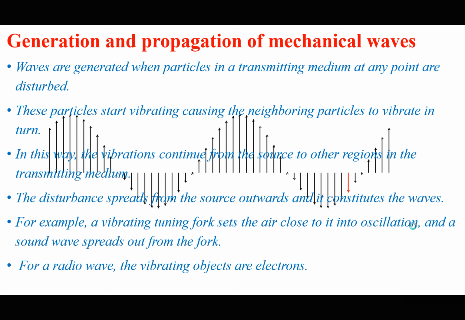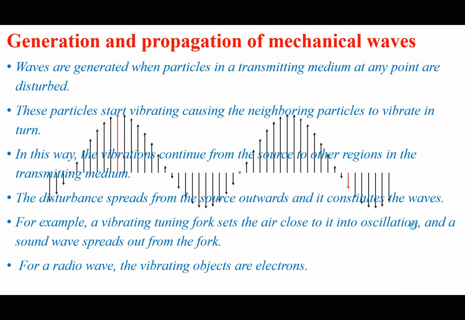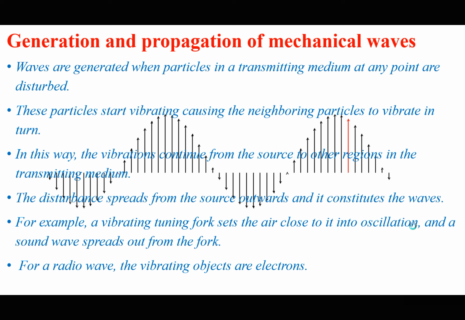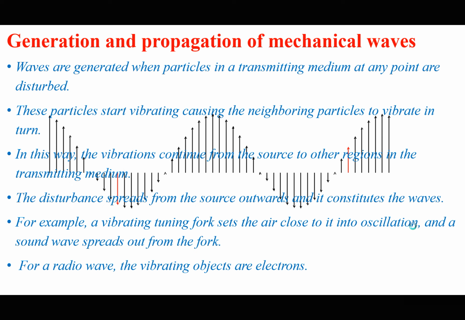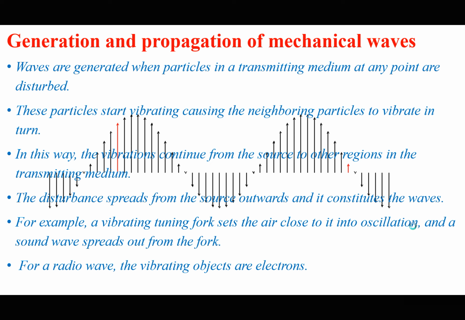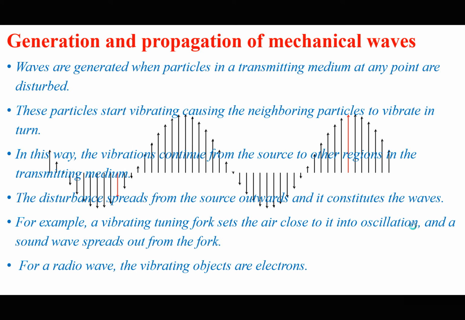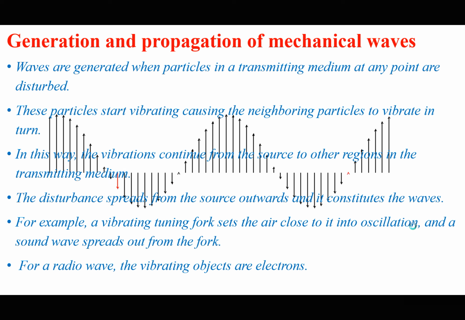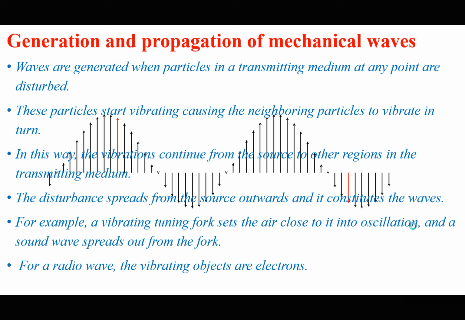So that is how waves are generated. There should be a transmitting medium if it is going to be a mechanical wave, and the particles at a certain point must undergo disturbance for the wave to be generated.